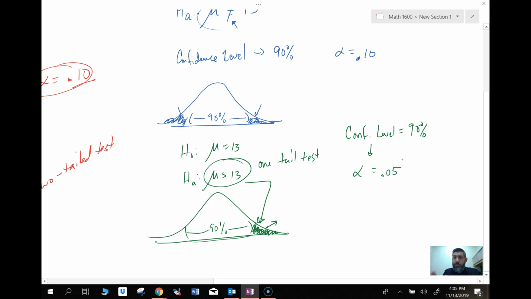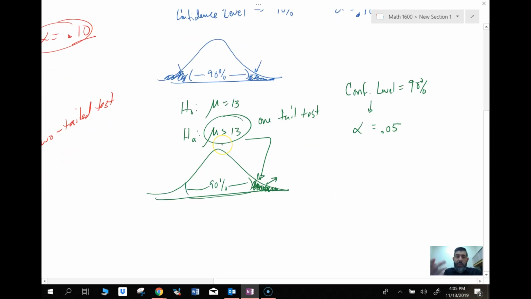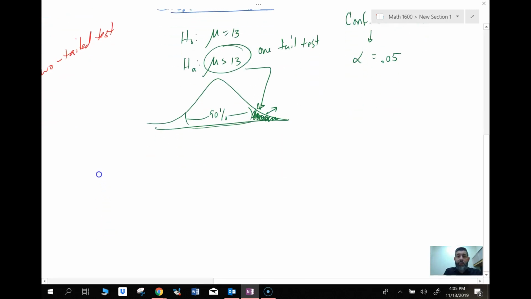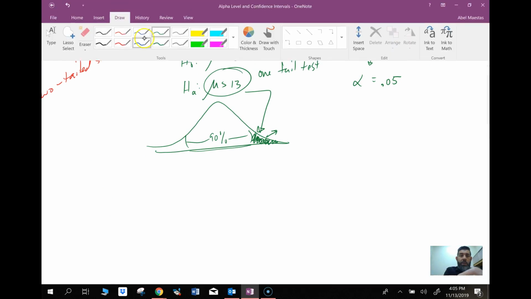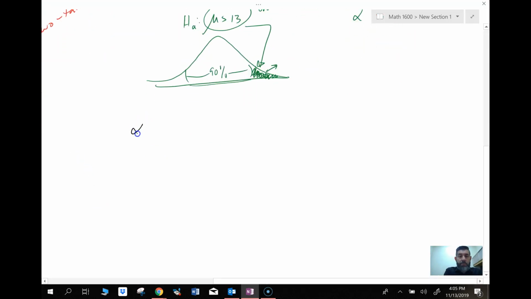Whenever you're looking for a one-tailed test, and this works the same way if it's lower tailed, less than or equal to, you're going to divide by 2. So how do we summarize that? The alpha level for a two-tailed test is going to be 1 minus the confidence level, in decimal, of course.